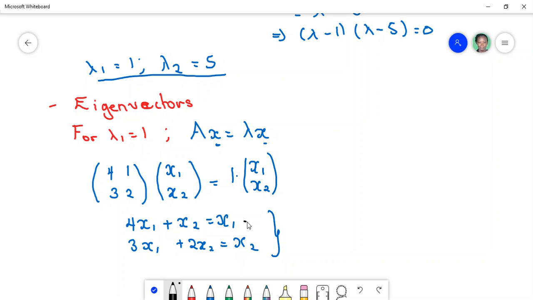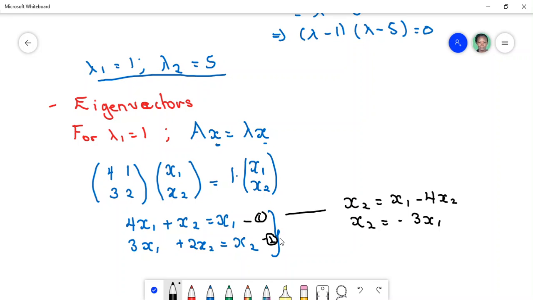So if I take this, let's say this is 1, this is 2. For 1, you realize that I can express X2 as X1 minus 4X1, and this is going to be X2 equal to minus 3X1. If you do the same for 2, you get the same result.